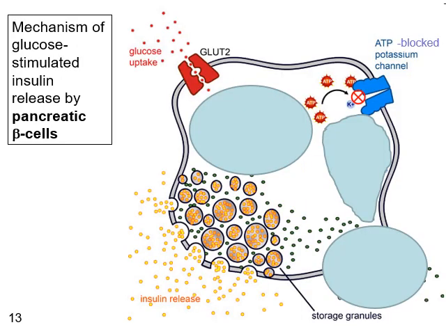Here is a slide that describes the cellular and molecular mechanism for how glucose stimulates the release of insulin by pancreatic beta cells. So this slide summarizes a lot of the basic concepts of anatomy and physiology, goes all the way back to cell physiology.